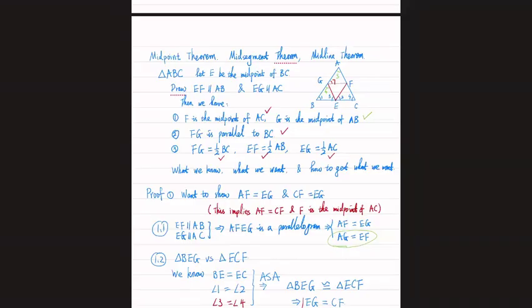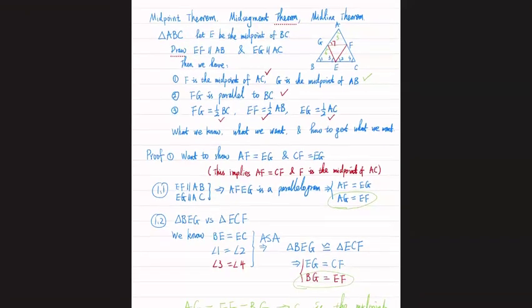So you can see the proof is kind of long, and each one takes a while to complete. We have to use the properties of parallelograms, properties of congruent triangles, parallel lines. We used everything we know to prove this.